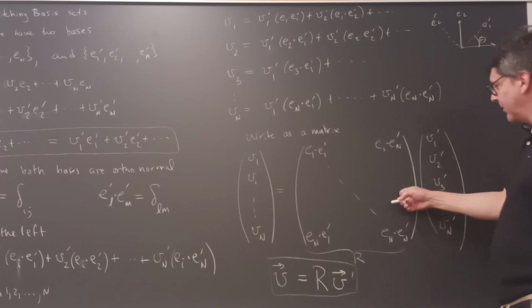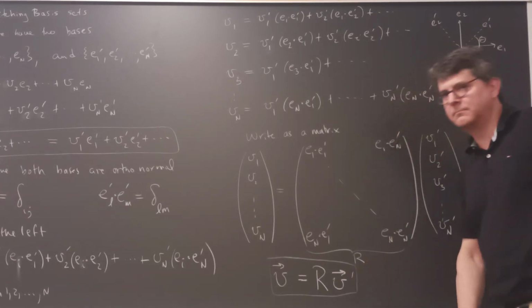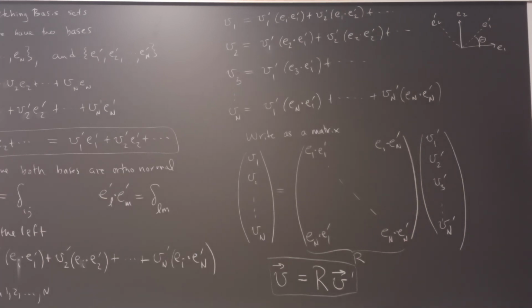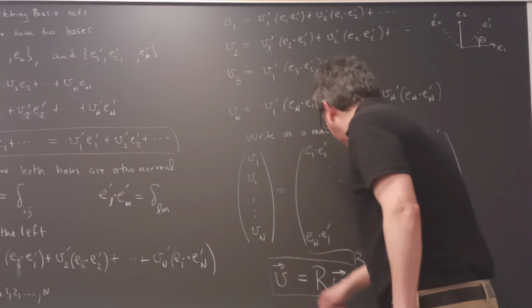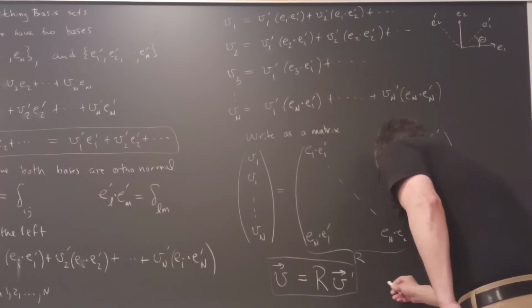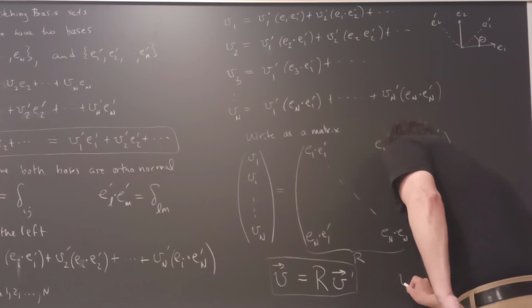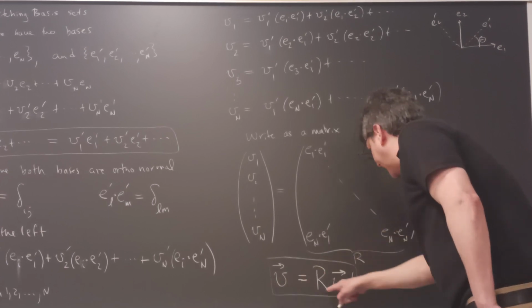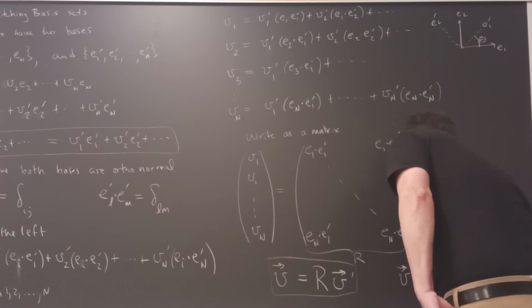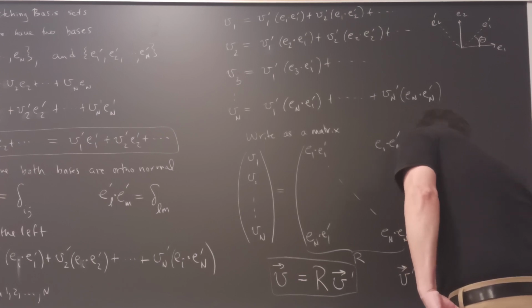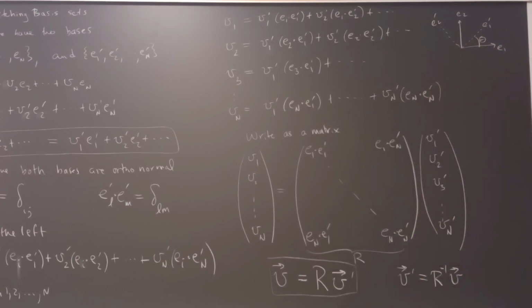Then this is just a rotation matrix, and it's easy to go back and forth between the two.